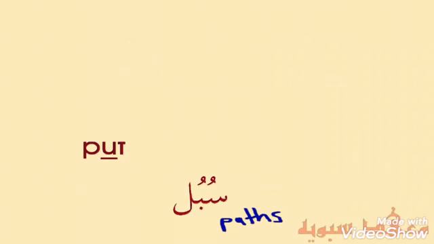Let's get to the kasra. The kasra, as we showed you, is a line at the bottom of the letter, and the sound it has is like the I in the word sit. So it's an E sound. So for example, if I transliterate that into Arabic, it's like that.